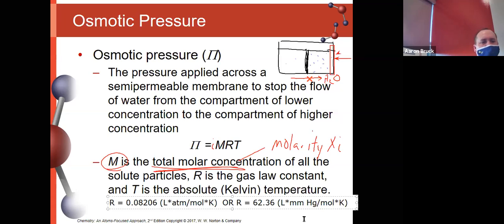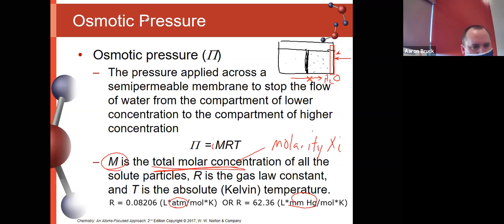So notice that the only thing that changed in either of those units was the pressure unit itself, atmospheres or millimeters of mercury. That's really the only difference between those two units there.